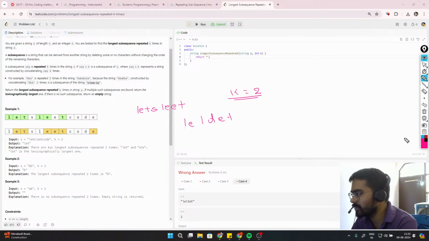If I pick this L as our substring, now I need to know, is there L present in the future of this string or not. So I can see there is one more L. So for K, I can see the L's count is twice.